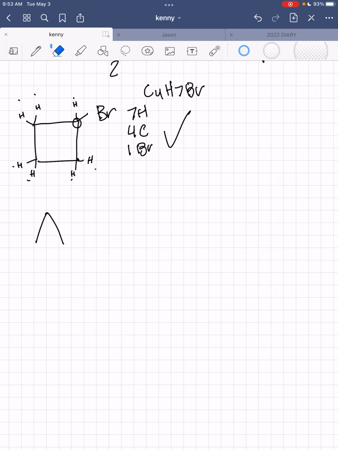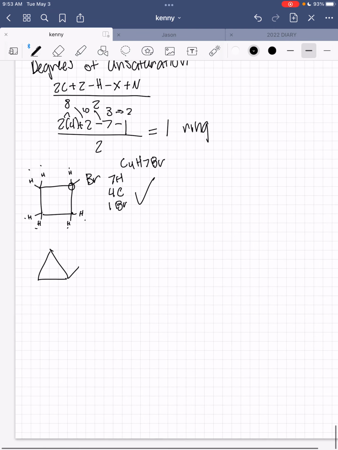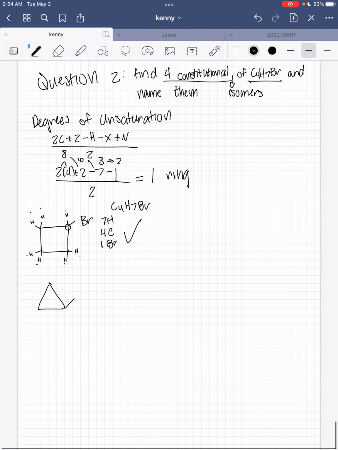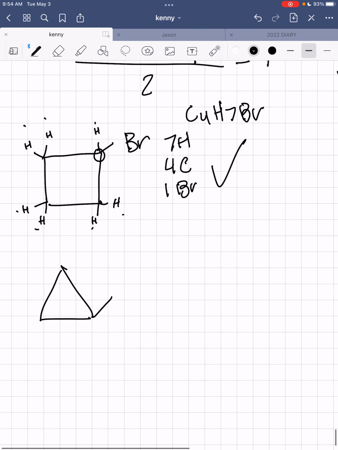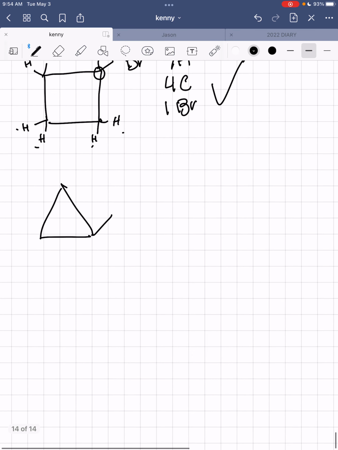So if we still want a ring of carbons, the next geometrical shape is a triangle, and then we have 1 more carbon, so we're gonna stick that at the end, and then with that 1 more carbon, we have to place a bromine. So where do we place this bromine? We can place it here.